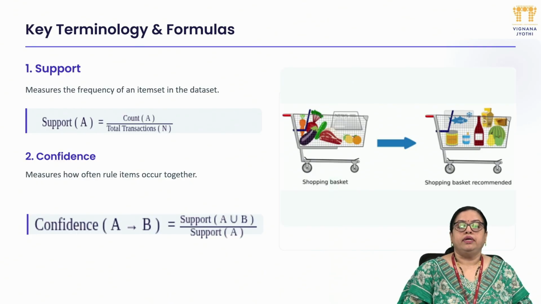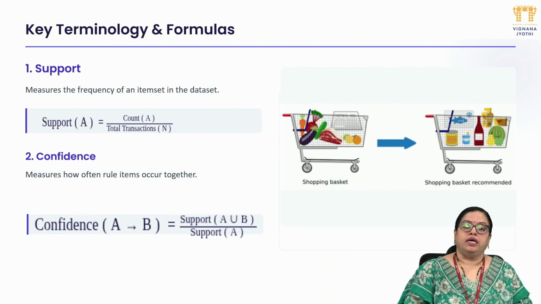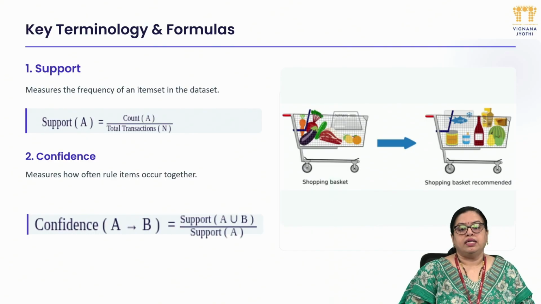For A tends to B the confidence is support A union B divided by support A. But for B tends to A, the formula changes to support A union B divided by support B. Why so? Because A union B is the same as B union A. So we write the formula once again, support A union B divided by support B, for the confidence of B tends to A.